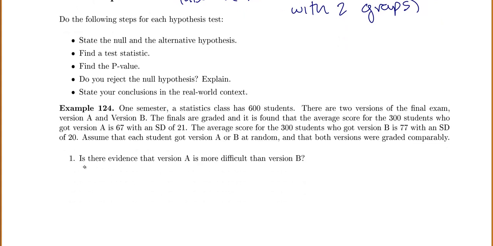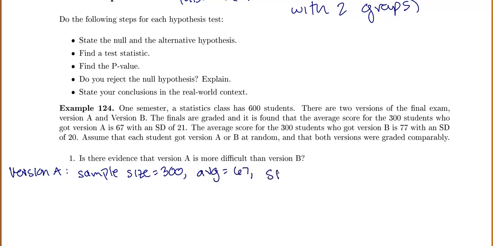Our first question is asking, is there evidence that version A is more difficult than version B? Whenever I do these, I'm going to start by writing down the information they give me. For version A, there were 300 students, so my sample size equals 300. The average is 67, and the standard deviation is 21.